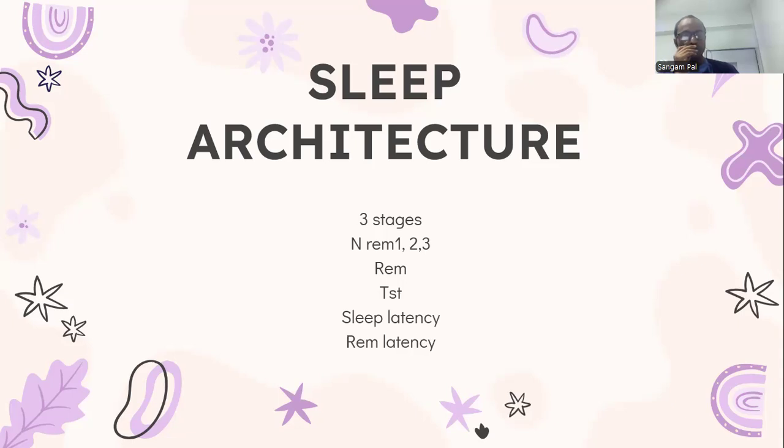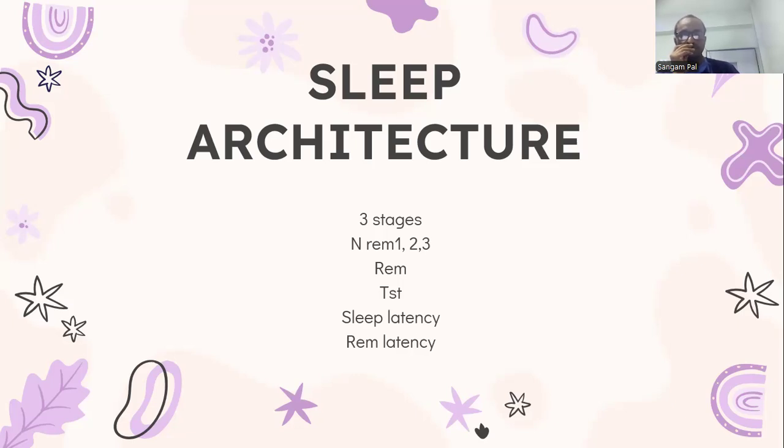It is about 5 to 30 minutes. Even if you sleep within seconds, that is abnormal, which can be because of sleep deprivation or some medication as well. But if this latency is increased, that is also abnormal.